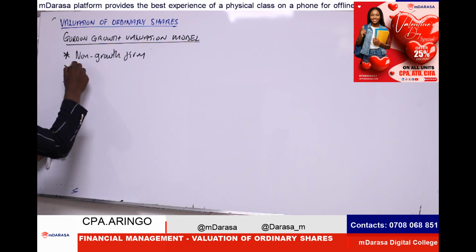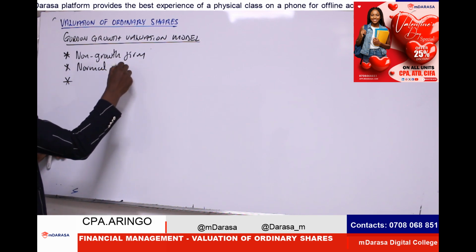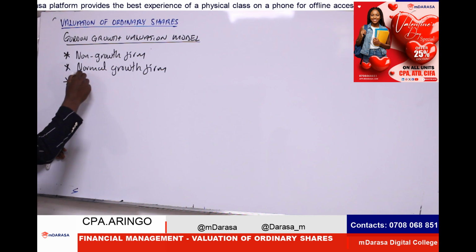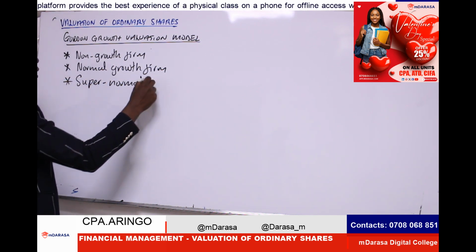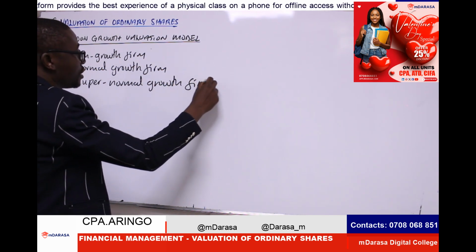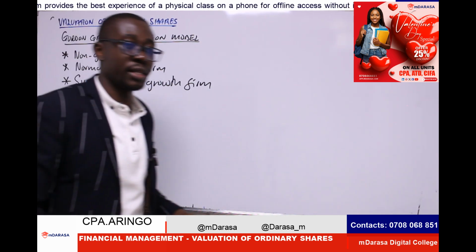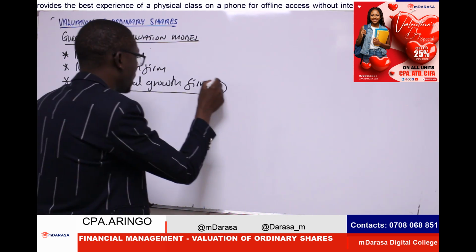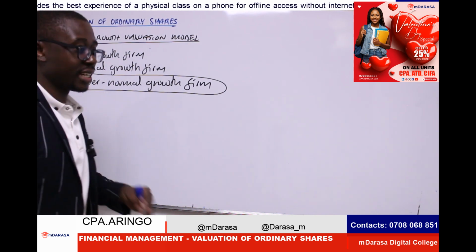Number two, the normal growth firm. And three, supernormal growth firm. So these are the three firms that we normally consider under Gordon's growth valuation model. And today I want us to consider the supernormal growth firm. That is the focus that we'll be looking at today.